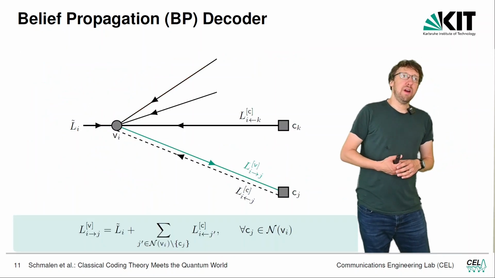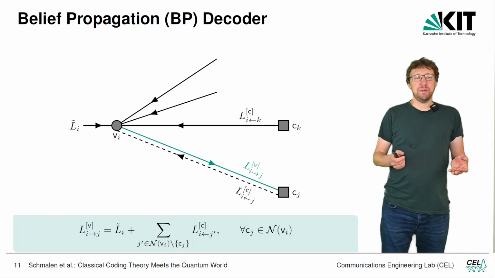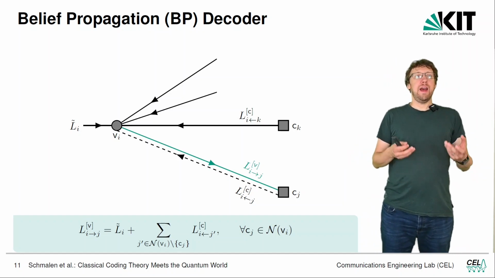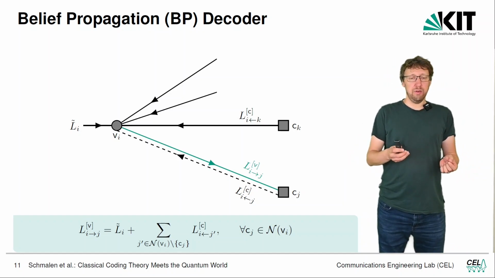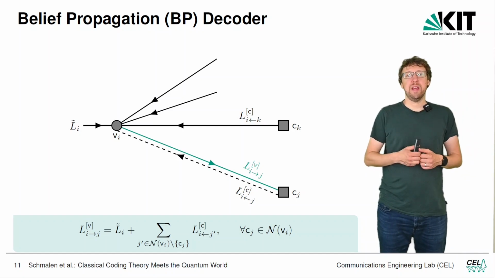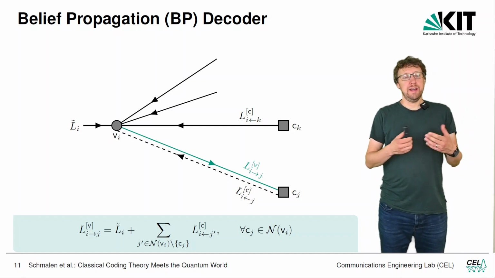And the Tanner graph is an important representation because it leads us to an extremely efficient decoder, which is the belief propagation decoder or BP decoder, and it has many other names.